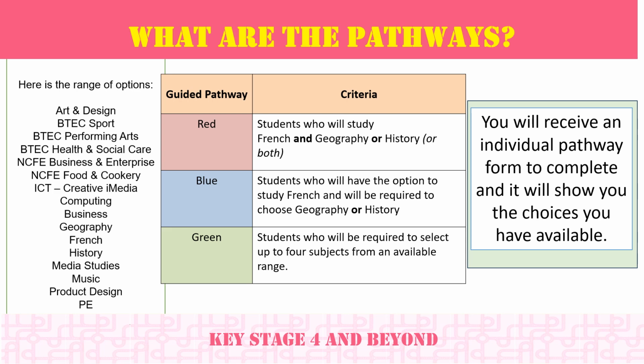And here are the range of options for this year: Art and Design, BTEC Sport, BTEC Performing Arts, BTEC Health and Social Care, Business and Enterprise, Food and Cookery, Creative iMedia, Computing, Business, Geography, French, History, Media Studies, Music, Product Design and PE.